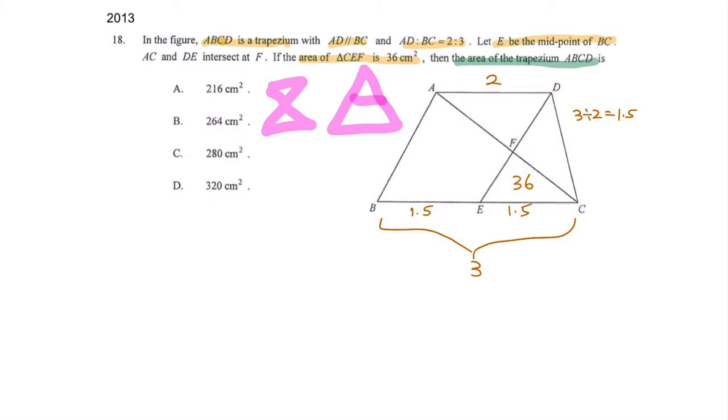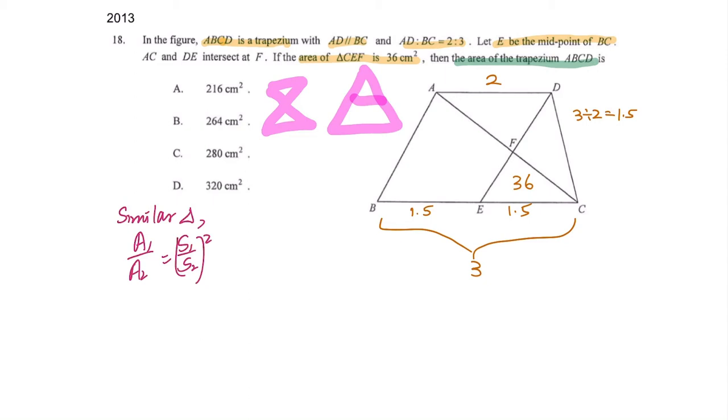That is because in similar triangles, the area ratio is the side ratio squared. So we have the area of this one, also a side of it. We have the side of this but not the area of this, so we can use this and find the area of AFD.